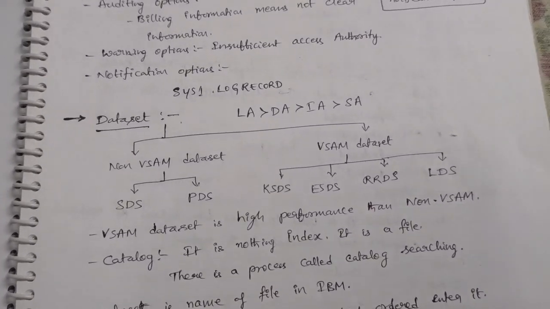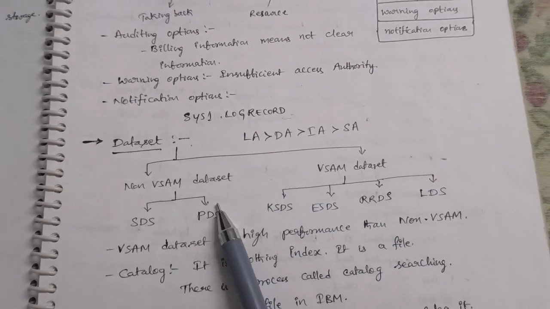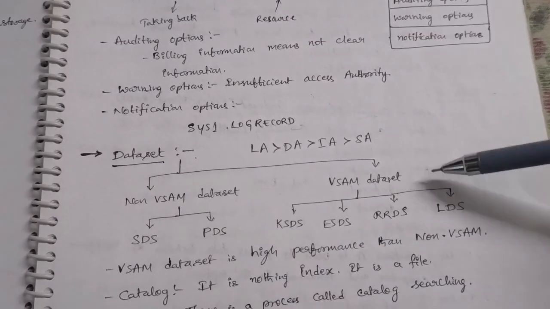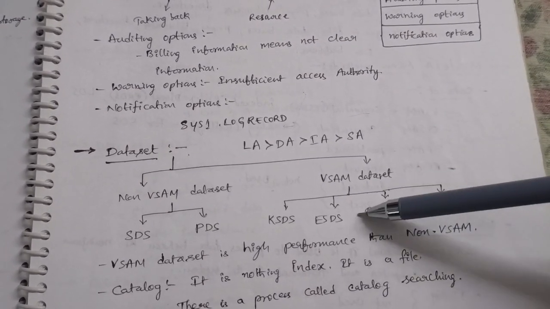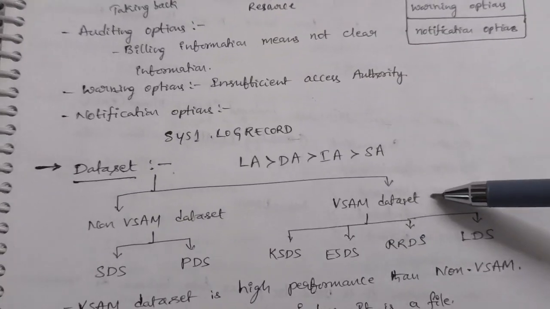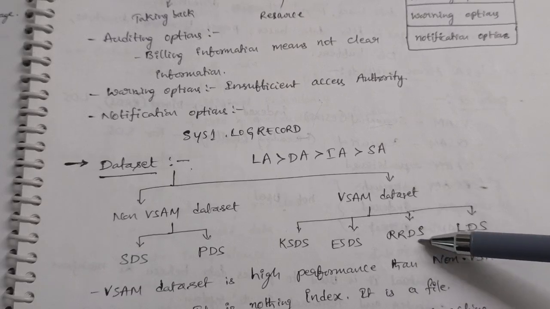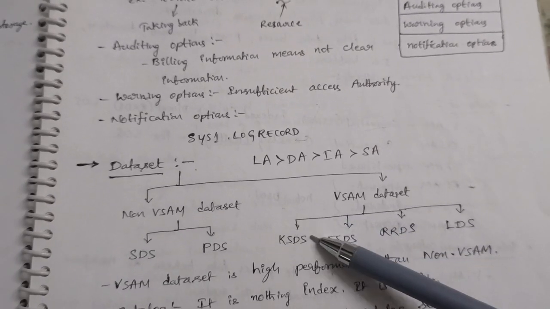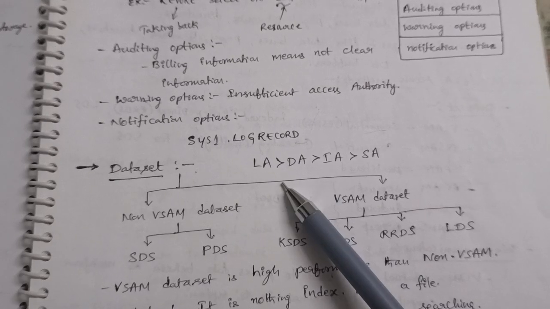And what are the data types we are using in the mainframe system? We are using non-VSAM data sets and VSAM data sets. What does VSAM data set mean? VSAM has four types of data sets: KSDS, ESDS, RRDS, and LDS, which is in the highest efficiency.